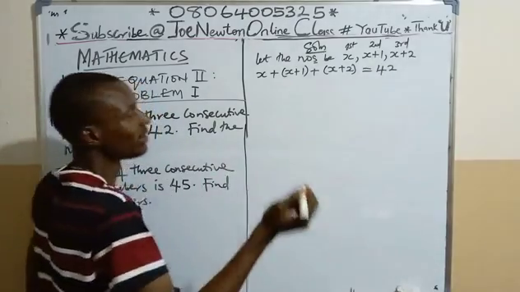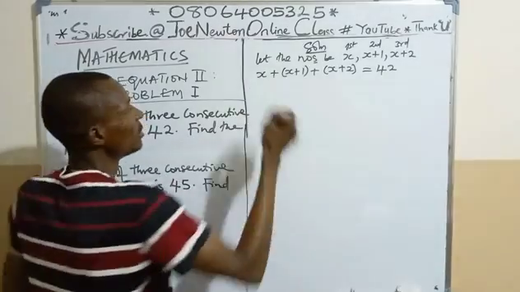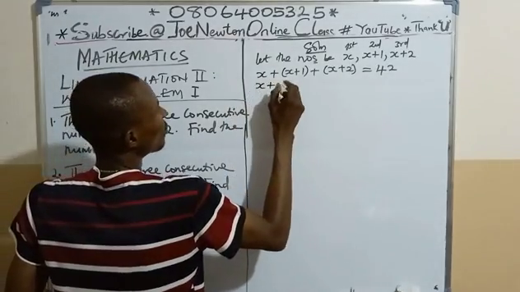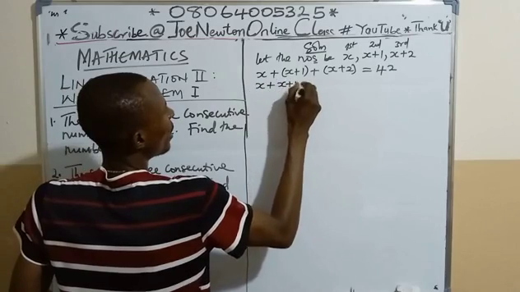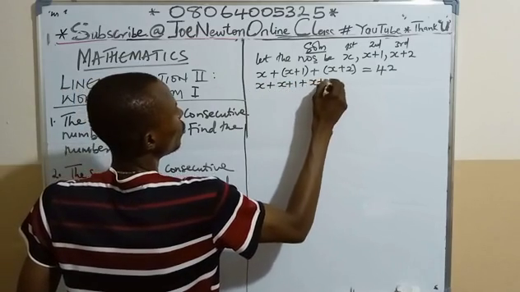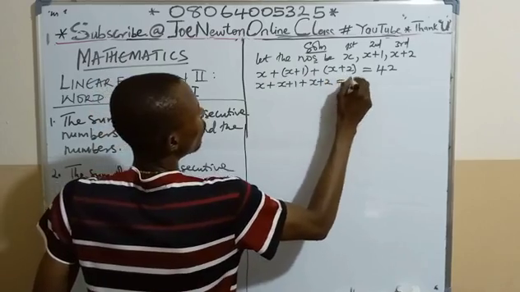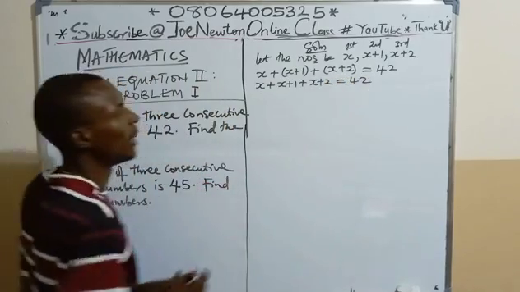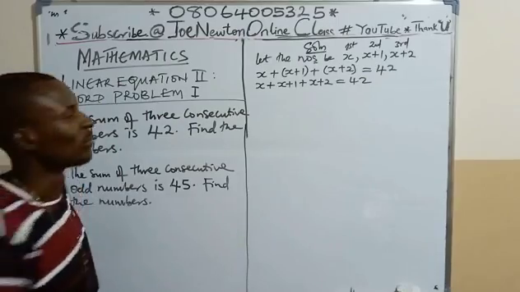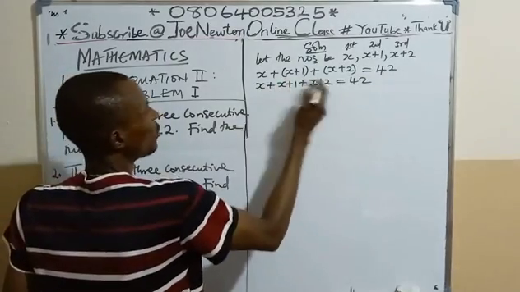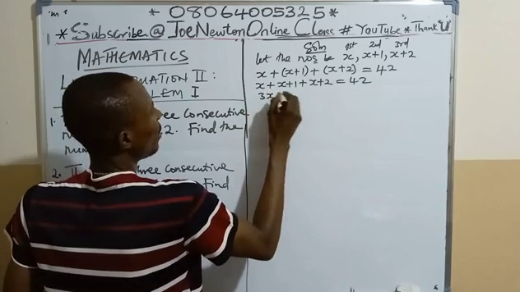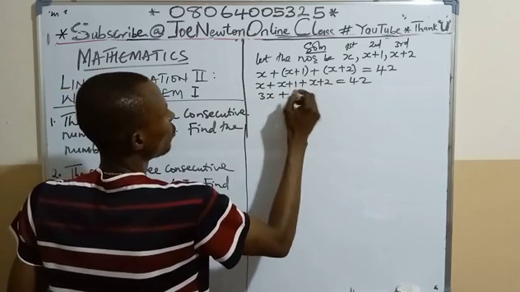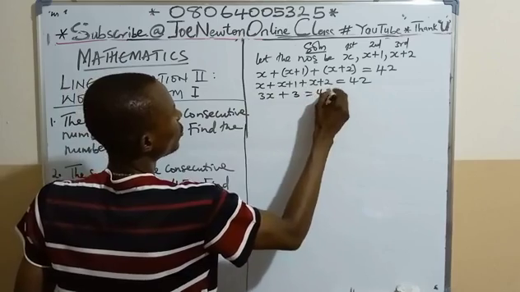Removing brackets, in the addition, we just have x plus x plus 1 plus x plus 2 equals 42. Then we collect like terms as usual. We have x times 3, that's 3x. 3x plus 1 plus 2, that's 3, equals 42.